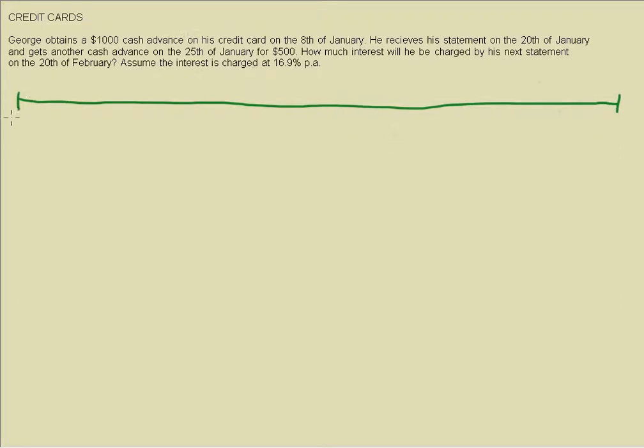So we have the 8th of January here, and then the statement date is on the 20th. So if I put that along over here, and then a cash advance occurs on the 25th, so that's important. We'll put that in here. And then finally, the last date is the statement date, which is on the 20th of February.